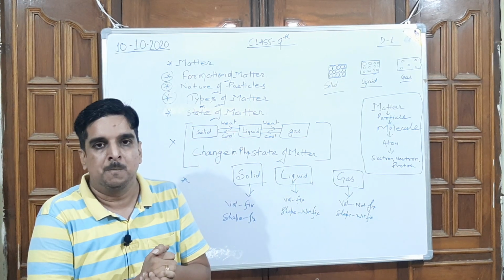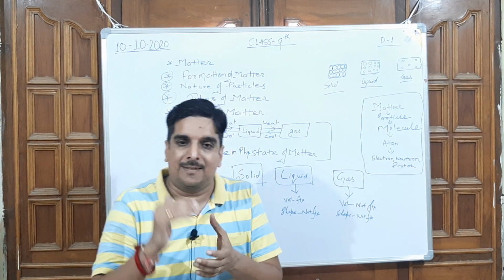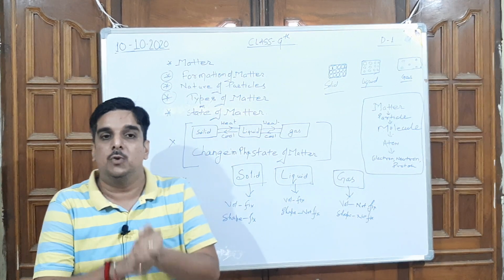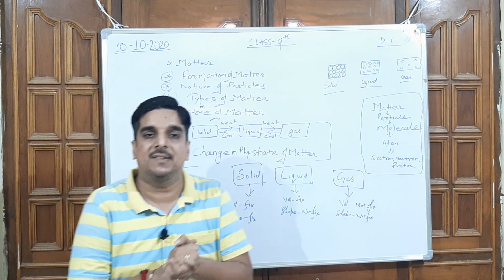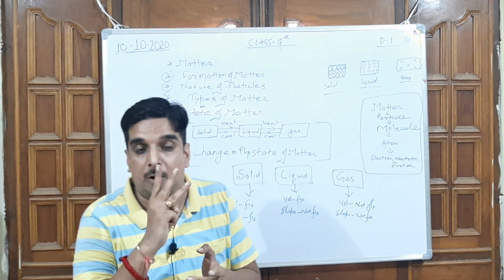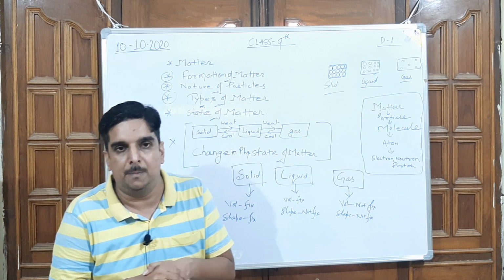Definitely you are right, all of you are right, very good, plasma is also a state of matter. But in this chapter, we have to discuss only three major states of matter: solid, liquid and gas.